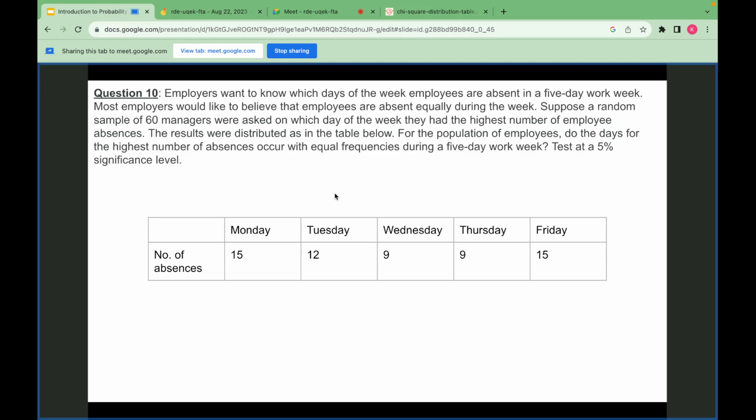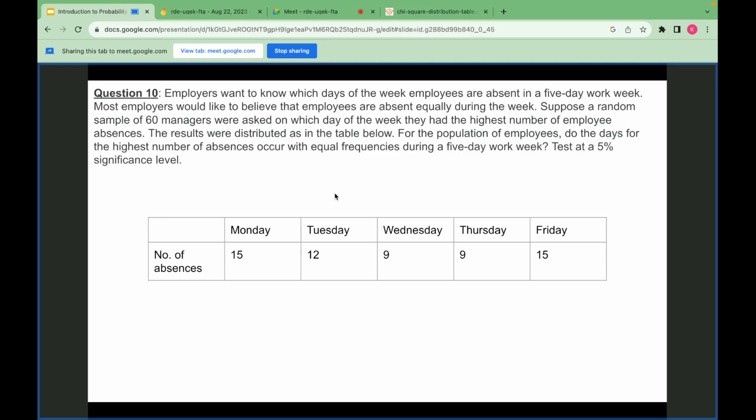Employers want to know which days of the week employees are absent in a 5-day work week. Most employers would like to believe that employees are absent equally during the week. So they will say that on all the days there are an equal number of absent people.